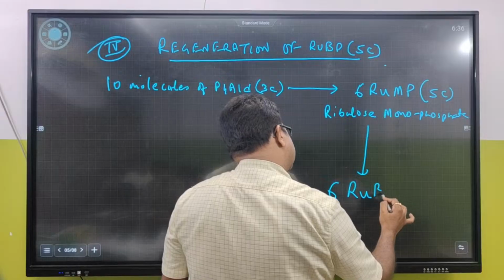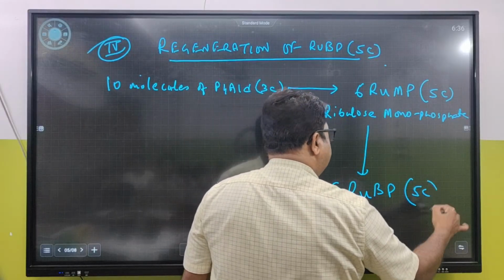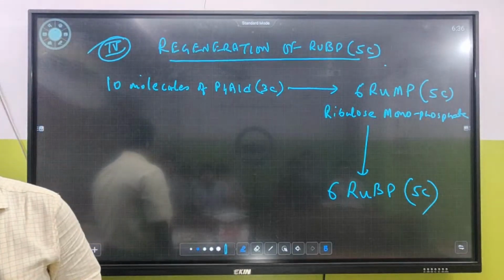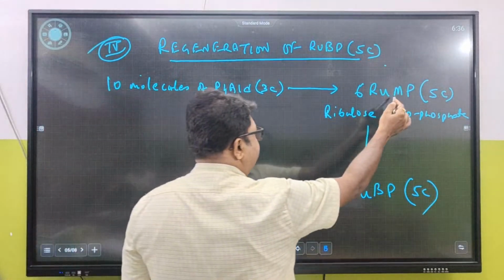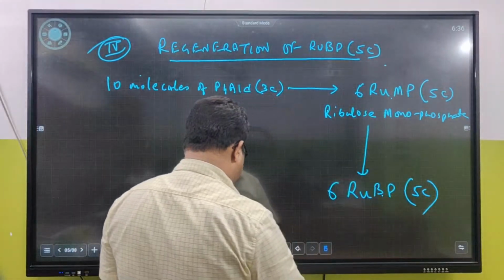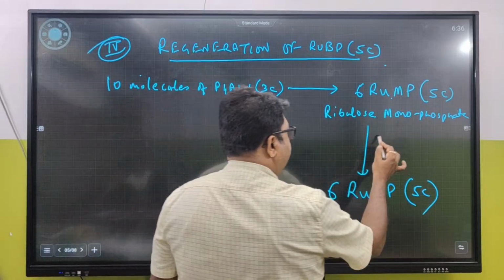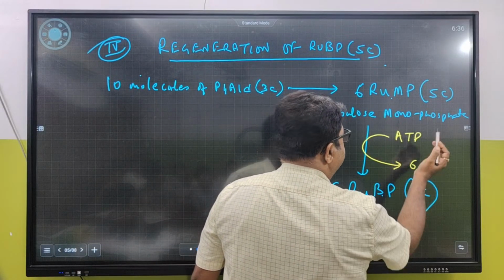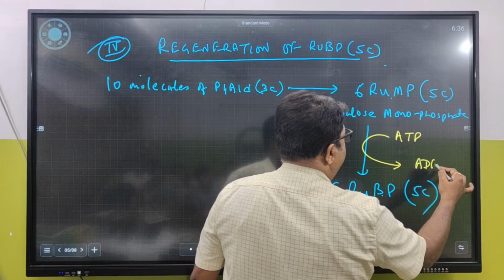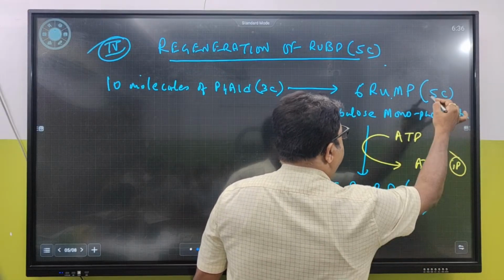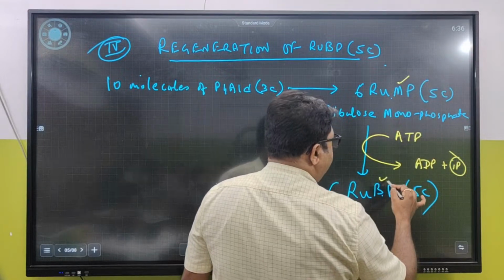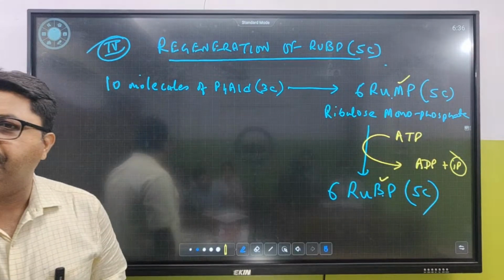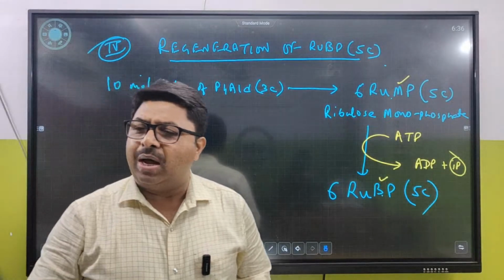What was our intention to make? RuBP, ribulose bisphosphate. To make a bisphosphate from a monophosphate, how much phosphate is needed? One phosphate.